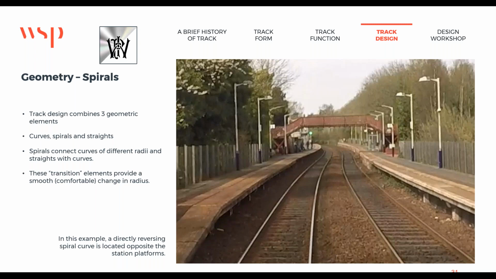Track maintenance activity must be closely controlled to ensure that the clearances between the platform and the trains are neither too small nor too large at the same time as you're having a uniformly changing curvature, which then reverses and goes back to the other hand, left to right and vice versa.